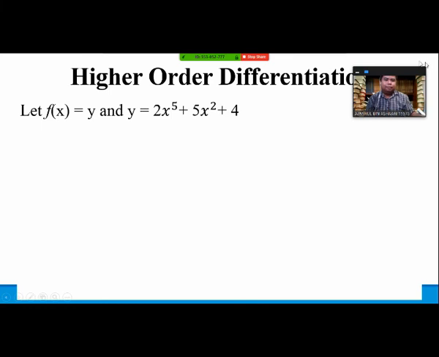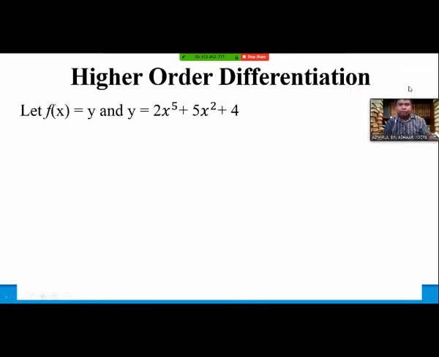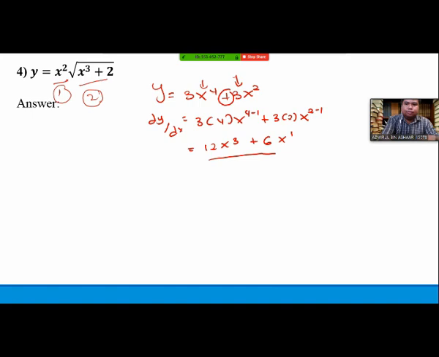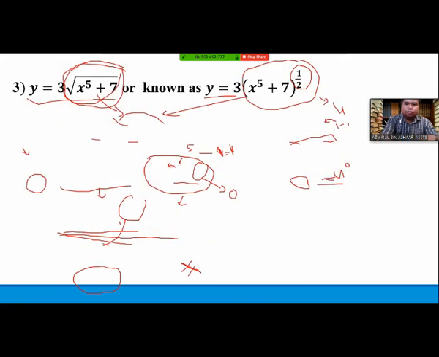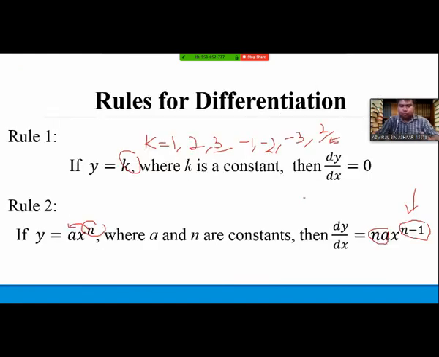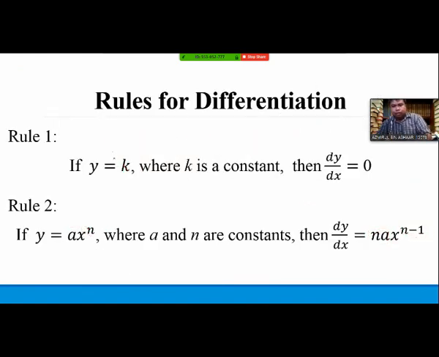Okay, that is the 5th rule. I repeat again, for the rule, if y equal to k, where k is a constant, when you differentiate with respect to x, k doesn't have x, so when differentiated it becomes 0.